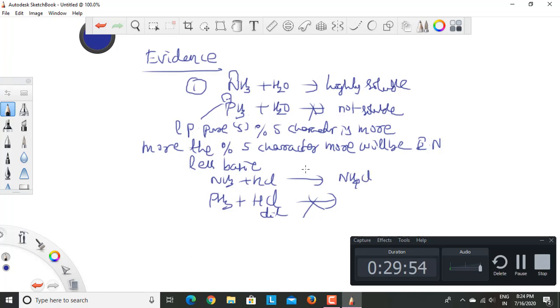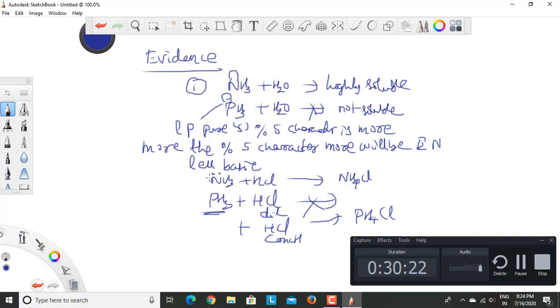This will react fast. But if you want a reaction of PH3 with HCl, then you have to give concentrated HCl, and it will react to a very small extent giving PH4Cl. So if this is a weak base, it will not react with HCl. If it is a strong base, it will react highly with HCl.